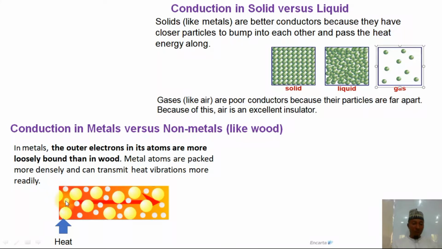So the free mobile electrons, when they are heated, receive sufficient energy to move about. Sometimes they bump into particles and cause them to vibrate more. So while you have only particles that are vibrating in wood, we have both particles that are vibrating and electrons that are free to move in copper. Another reason is that the particles in copper are more tightly packed compared to those of wood.